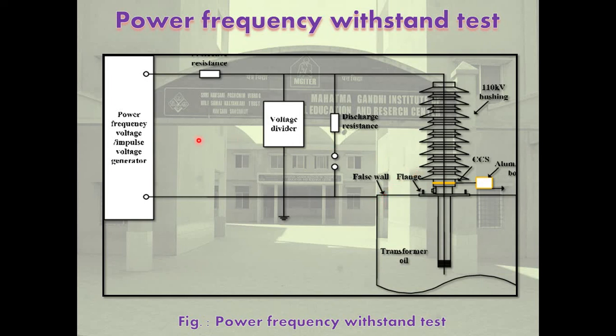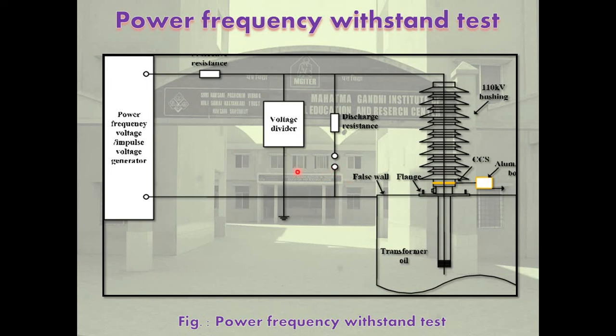Now, the test voltage is obtained from a single phase AC generator driven by an induction motor. The terminal voltage can be varied widely by changing the field current. The generator voltage is stepped up by the high voltage transformer. The test voltage is supplied to the apparatus under test. The sphere gap is connected in parallel with the test specimen.